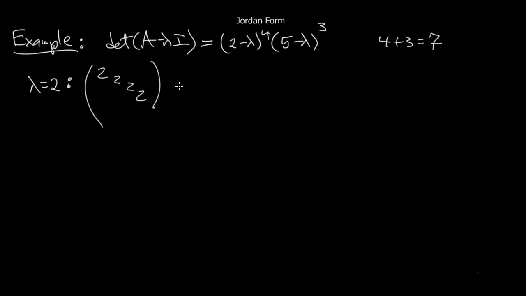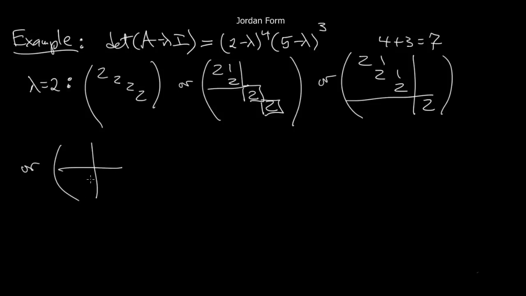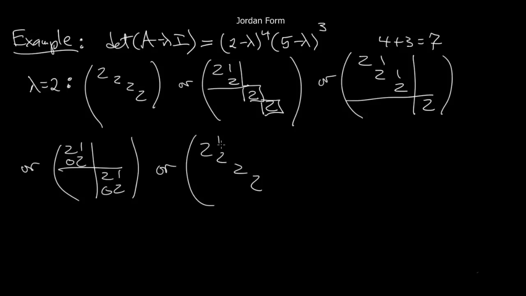Well, it could be diagonal, or it could look like this, or another possibility is it could be a 3 by 1 block, and the final possibility is it could be 2 by 2 blocks. That's all of the possibilities. Oh, sorry, one last one where it's all ones, a block of size 4.